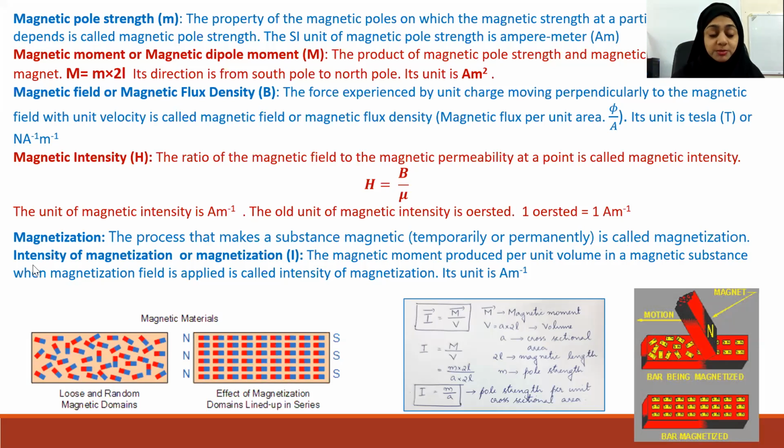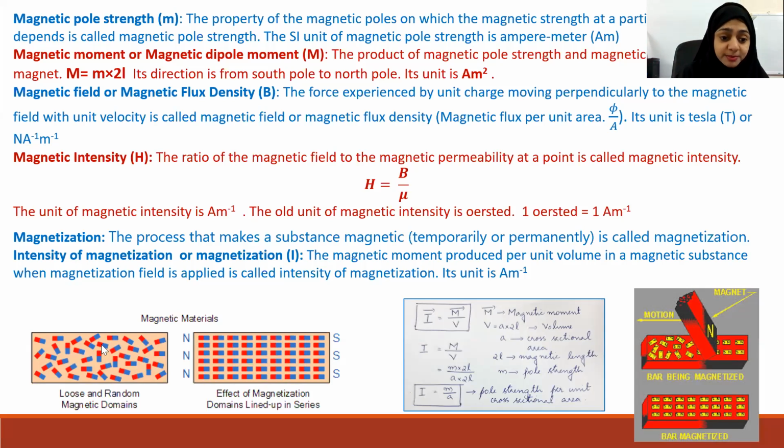So what happens during magnetization? Before magnetization, this is the case of a magnetic material. The magnetic material contains numerous atoms. If I take this piece of iron, there are lots of atoms present inside that. And we learned that if the spins of the electrons are in opposite direction, they will cancel each other. But if there are odd number of electrons in that material, each small atom will act as a tiny magnet.